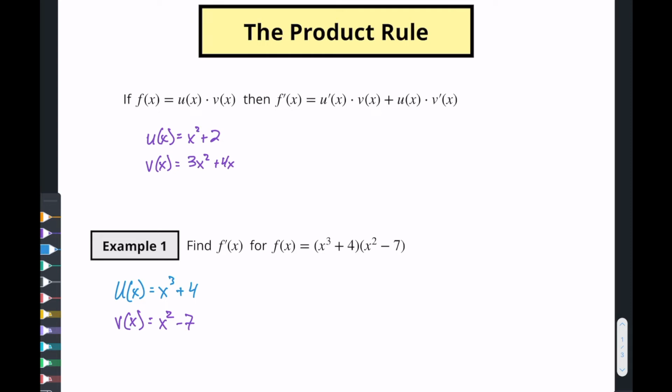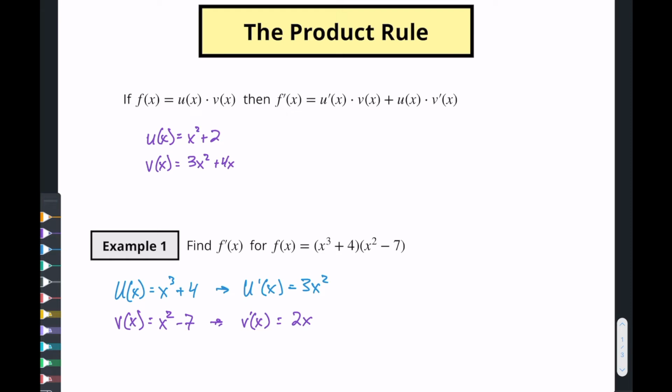Then we could even go so far as to find u prime of x, the derivative of u of x, and that's going to be 3x squared. And then we find the derivative of v of x, and that's going to be 2x.